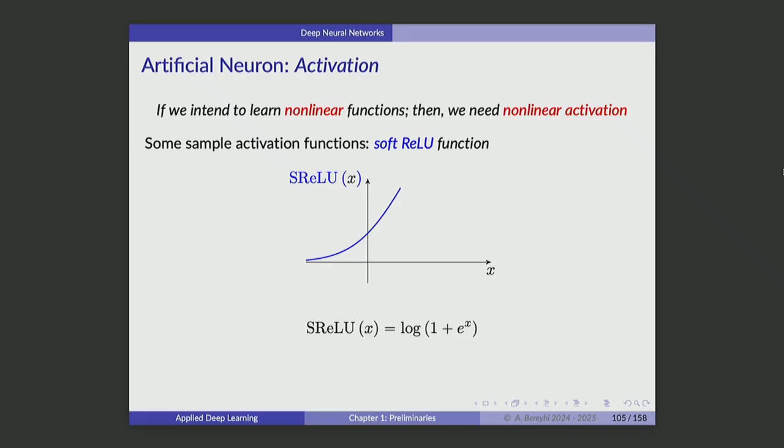So when x is very large, it's going to look like a linear function. Again, when x goes to -infinity, then it's pretty much 0, and log of 1 is 0, right? So it's going to be 0, and then it's going to look like a linear function in extreme cases, but somewhere around 0, it's going to look smooth. This is what we call soft ReLU.